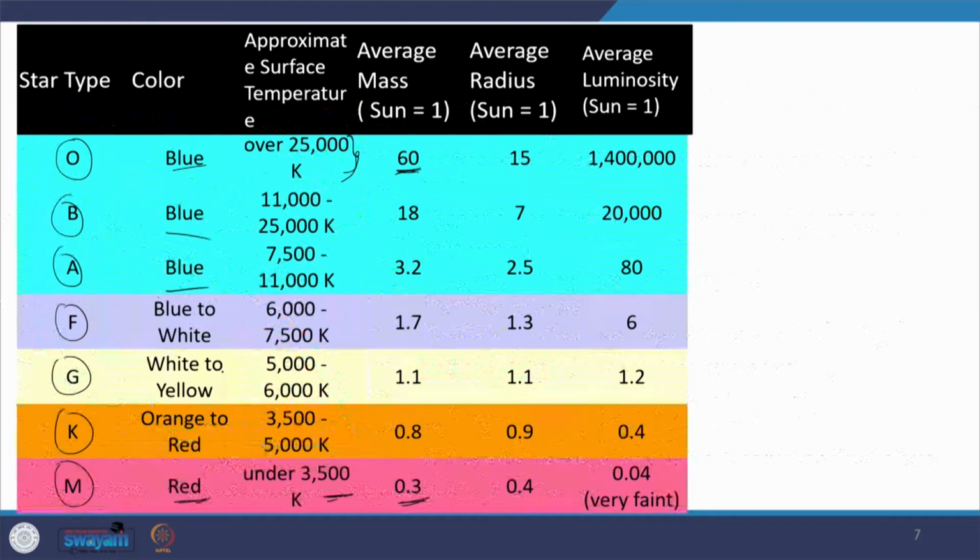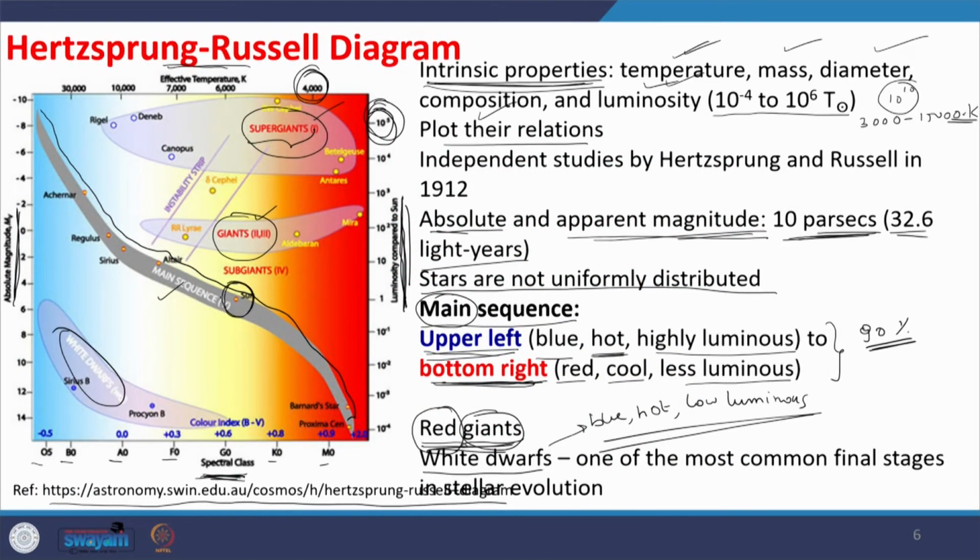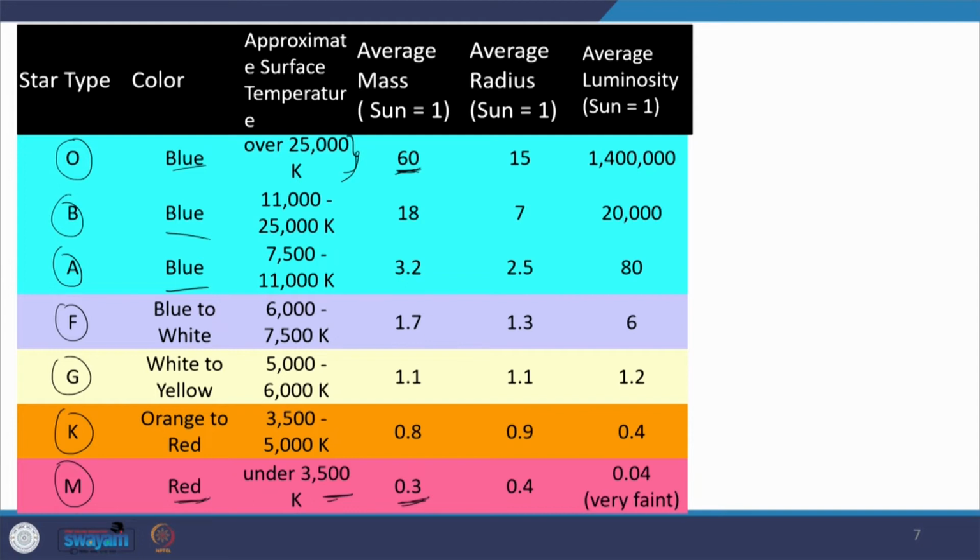So, where is the sun in the HR diagram? You can see here. The sun in the HR diagram is given here. Compared to the sun, the average radius is 15 times in the upper left and 0.4 times the sun's radius in the bottom right.